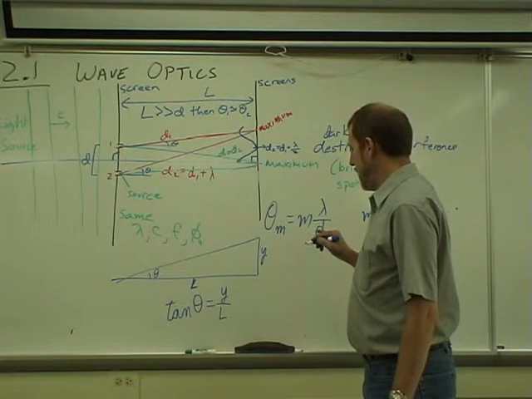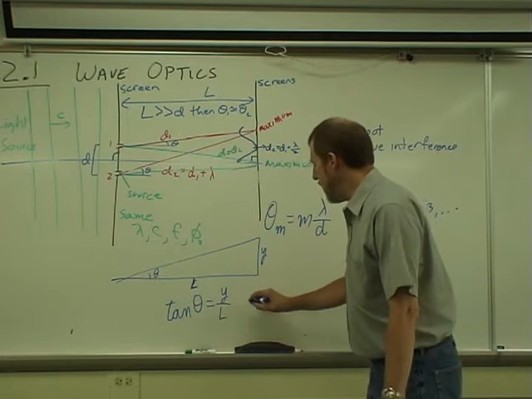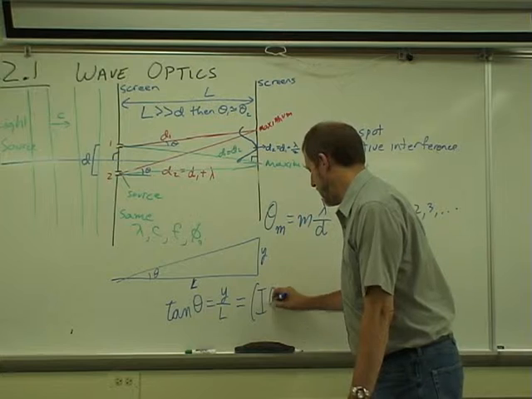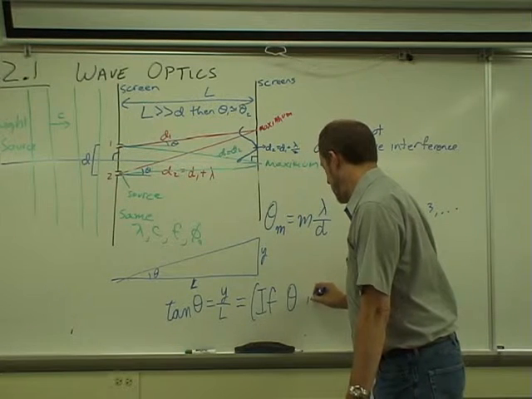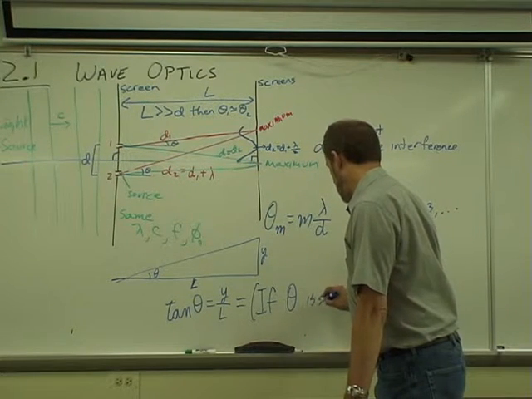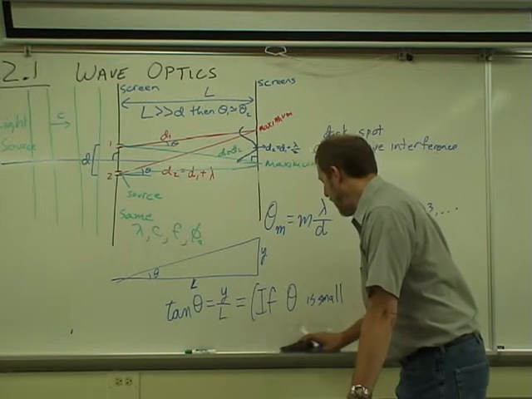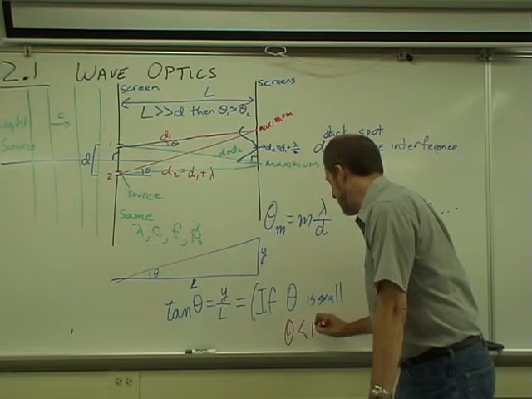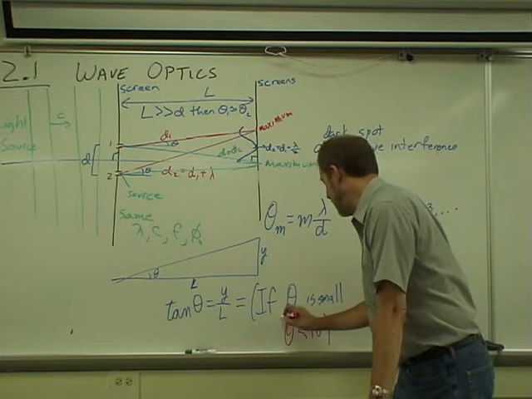which is equal to, well, you know, if theta is small, and how small? Theta less than about 10 degrees or so.